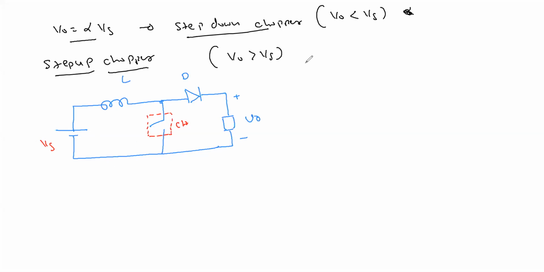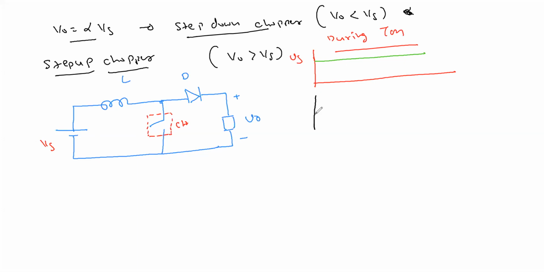What is happening in the step up chopper during on period? Chopper को on कर दिया तो क्या होगा? So I hope I can draw the VS. VS is a steady value, क्योंकि supply है. When chopper is on, CH is on, then what will happen here?